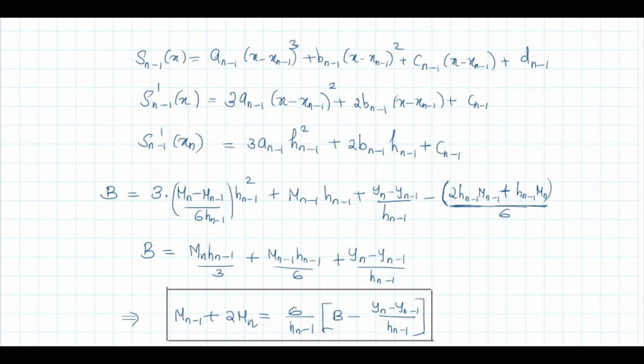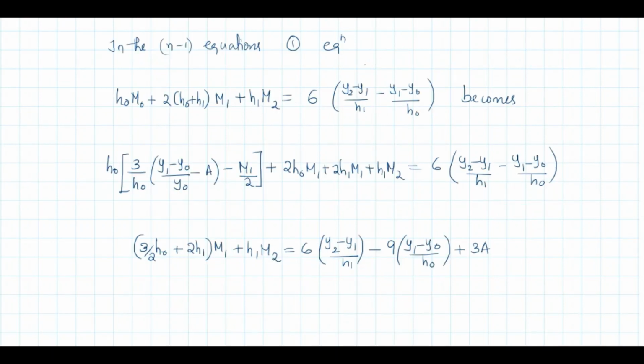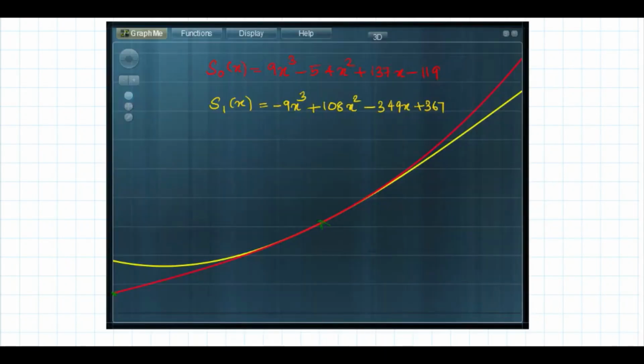This value is actually B. Okay, so you substitute for an minus 1, bn minus 1 and cn minus 1, and rearranging you will get a relation connecting mn minus 1 and mn: mn minus 1 plus 2mn equal to 6 divided by hn minus 1 into (B minus (yn minus yn minus 1) divided by hn minus 1). So in the n minus 1 equations that we already have, that is these equations.